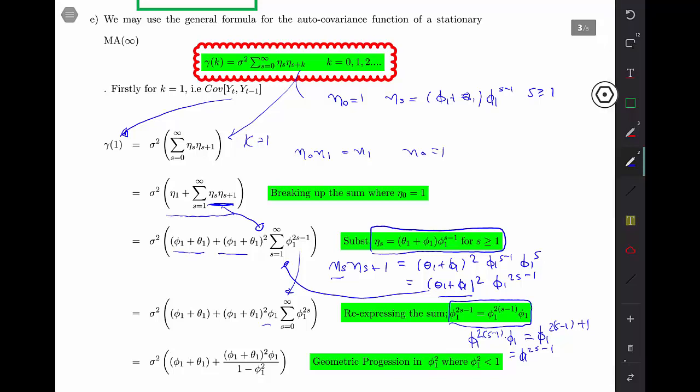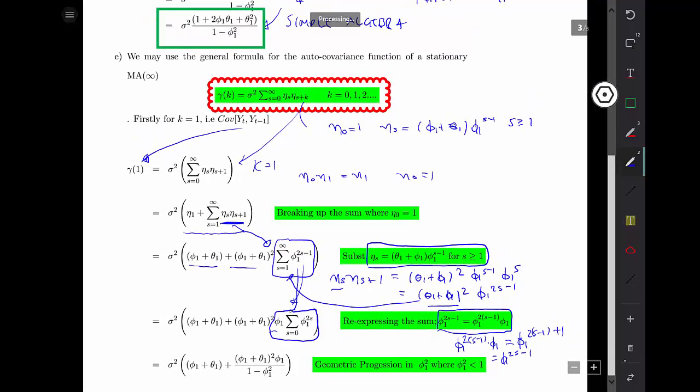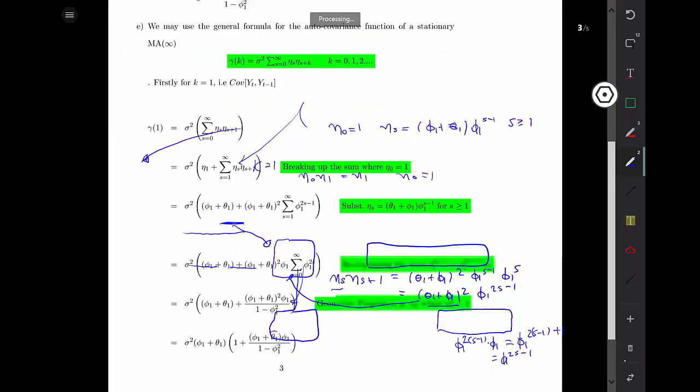So again, using the ideas from before, we can rewrite all of this equivalently as this here. And then we're done. What's this? This is just again a geometric progression in φ1 squared.